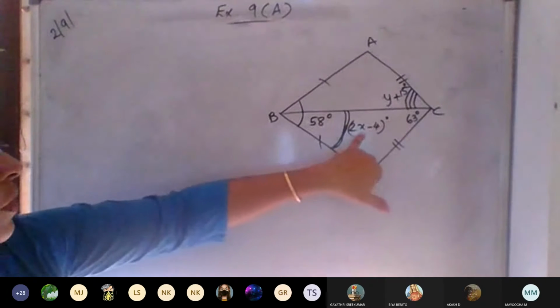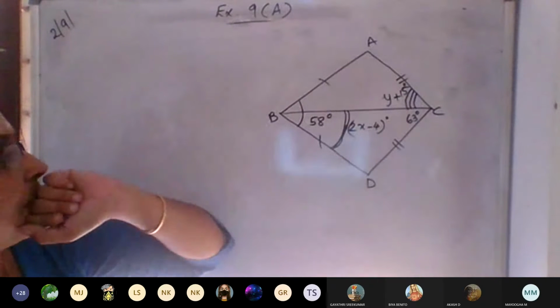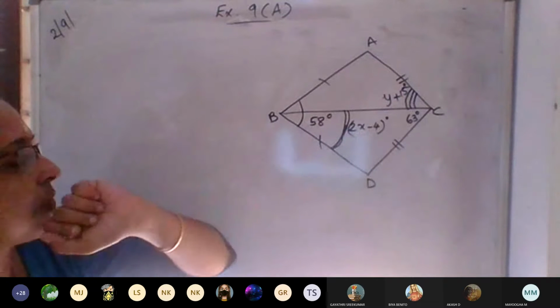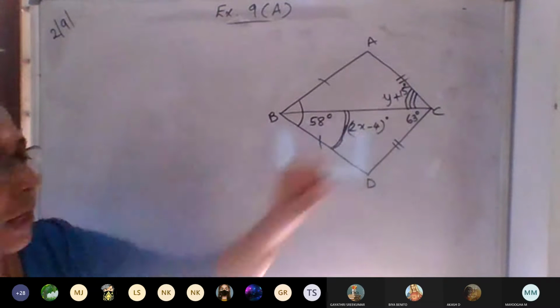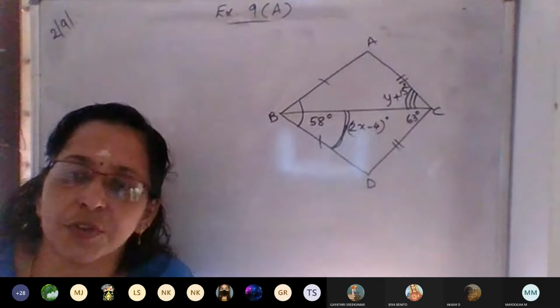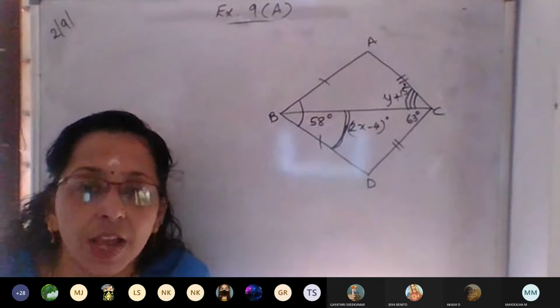If you find this angle, we will get 2x minus 4. We want to find this x and this y. Think. First we have to find the congruency, then we can directly say these two angles are equal.